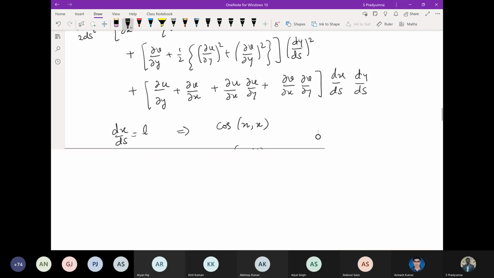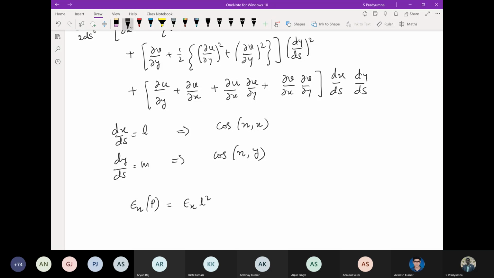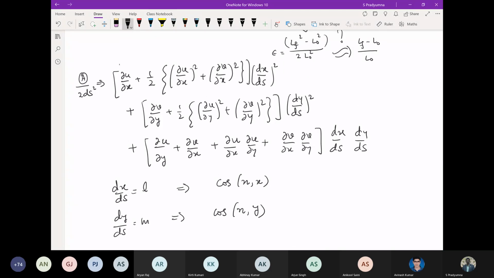So by doing that, I can write that epsilon n along the direction n for any point P is equal to epsilon x L square. I call this epsilon x, I call this epsilon y, and I call this gamma xy.